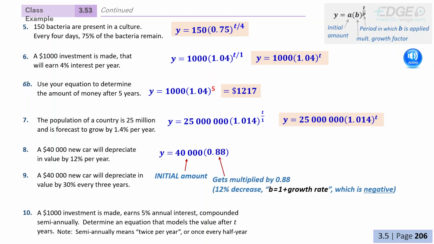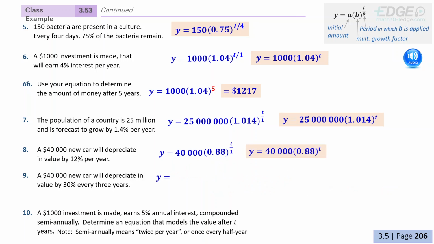If it was 40,000 times 1, you're still at 40,000. But if it's going to depreciate by 12%, that means you're going to be subtracting 12%. So you're going to be left with 88%, 1 minus 0.12. And then it's per year. So there's our final equation.